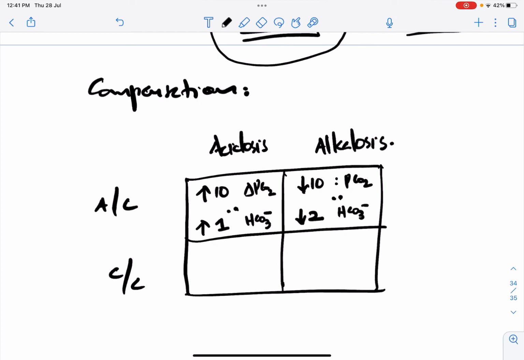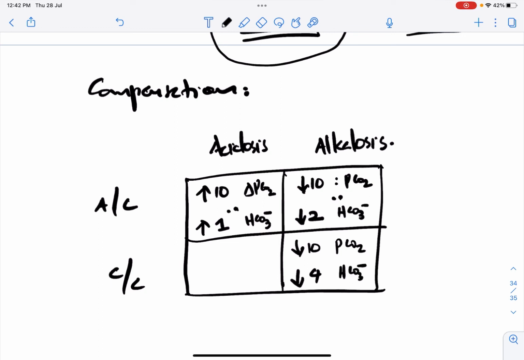Coming to the chronic condition, for every 10 decrease in PCO2, there should be a 4 milliequivalent decrease in bicarbonate.